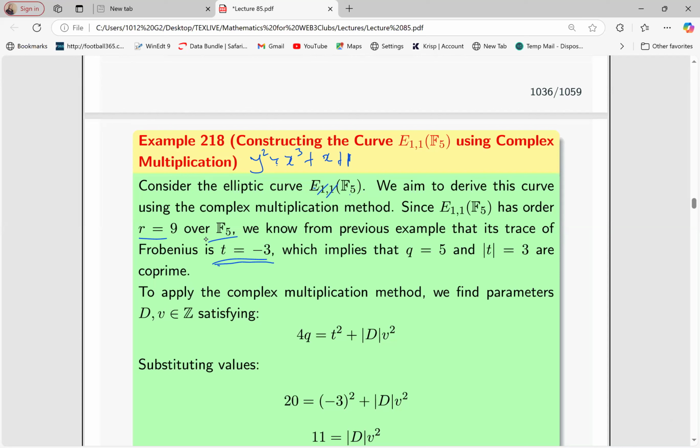The number of points on the curve, which we want to be 9, should be equal to the size of the field, 5, plus 1, minus T, where T is our trace. When you make T the subject of the formula, crossing to the other side of the equal sign, you have 3 equals negative T, and so T is negative 3. This is our trace.